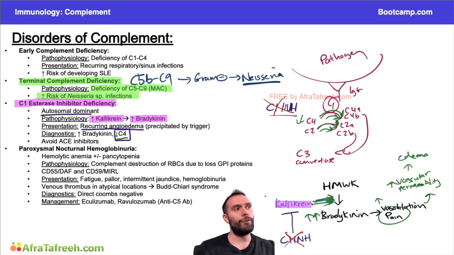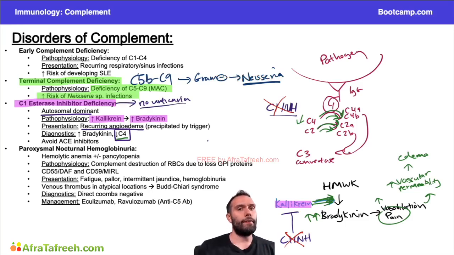But one thing that's different when you're talking about C1 esterase inhibitor deficiency from something like a type 1 hypersensitivity is that in this situation, there's really no urticaria. Okay, especially in a board question. There's no urticaria. So that's one way that you can try to tease out some type of type 1 hypersensitivity leading to anaphylaxis versus a C1 esterase inhibitor deficiency, because they're treated differently, right?